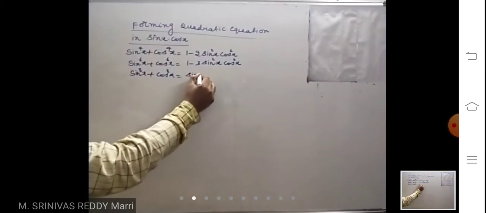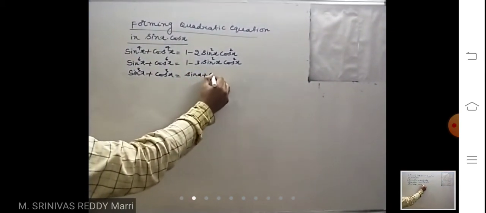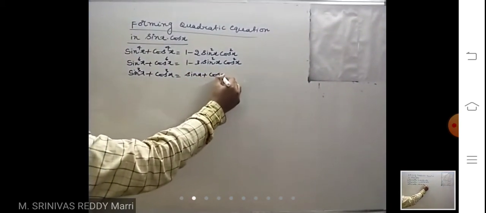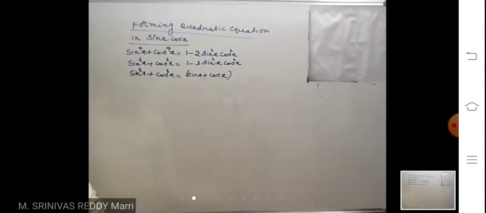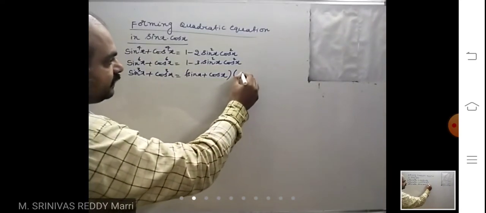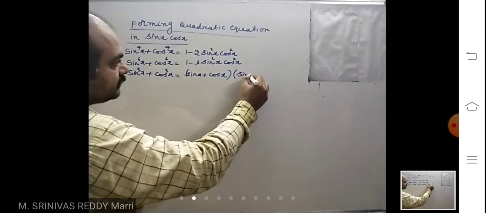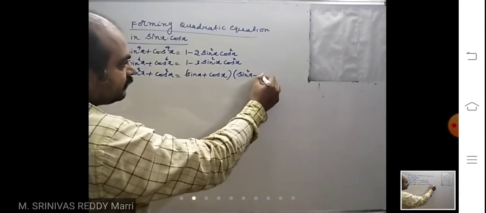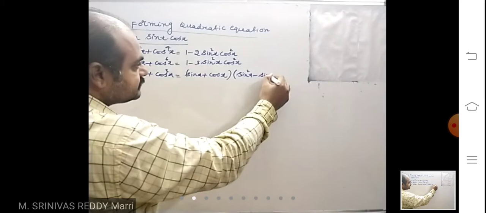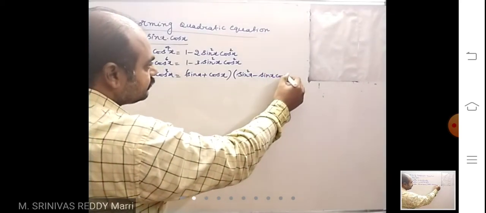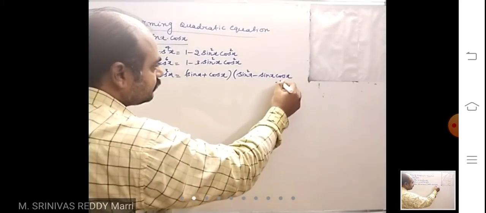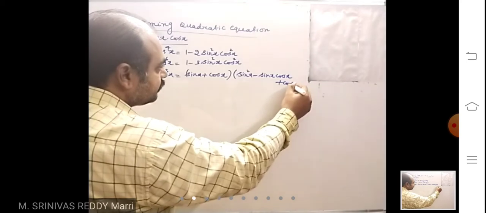This is nothing but sin x plus cos x into a plus b into a square minus ab plus b square.